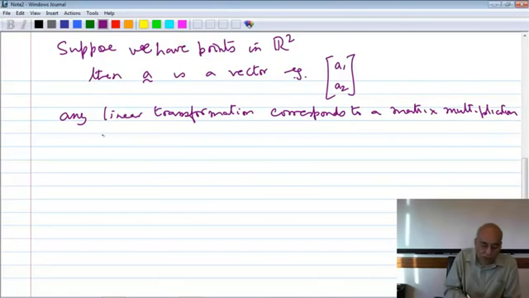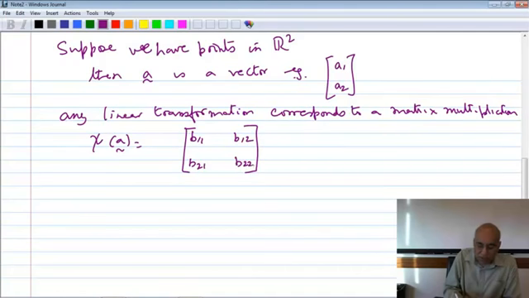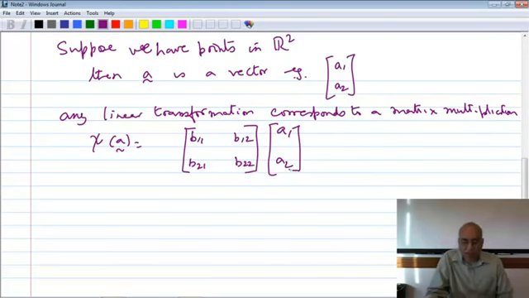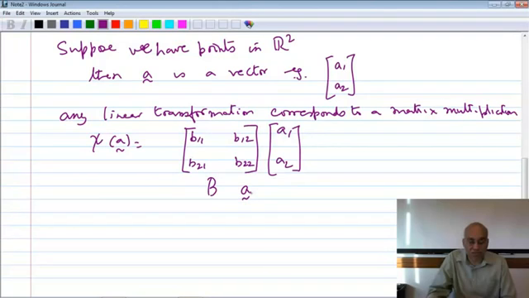So let me indicate this by psi of A is going to be some matrix, let's use B11, B12, B21, B22, multiplying this vector A. So in other words, if we multiply the vector A by some matrix B, we get the result of this linear transformation.